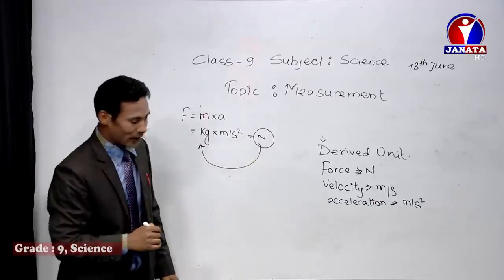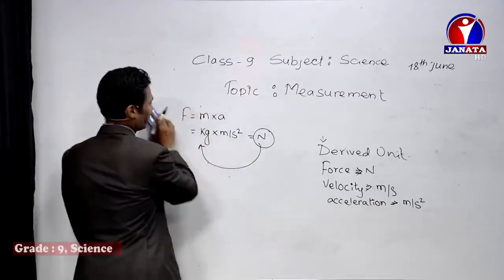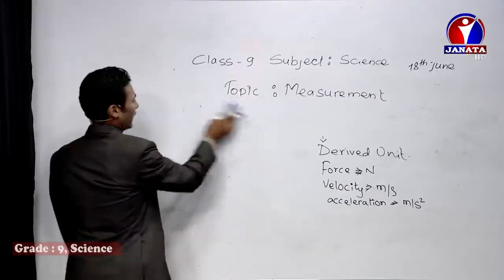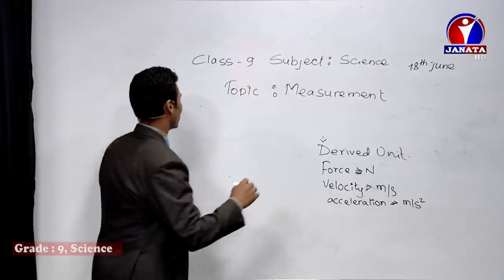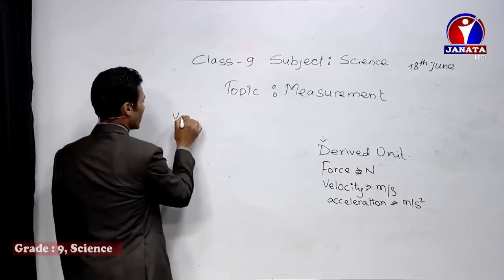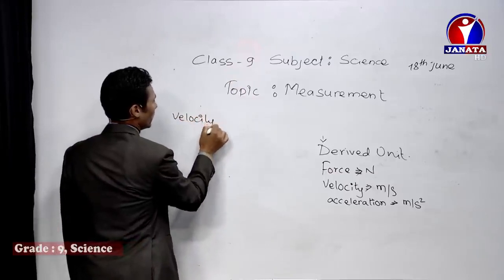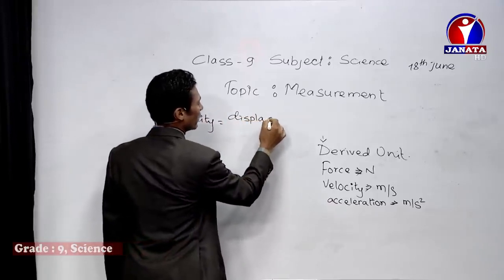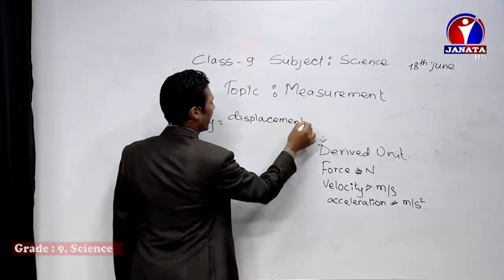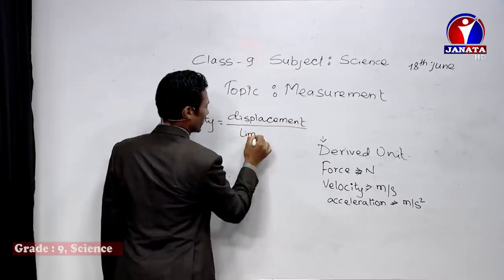Clear? So similarly, let's say velocity, why is the unit of velocity called a derived unit? The velocity formula is displacement by time taken.